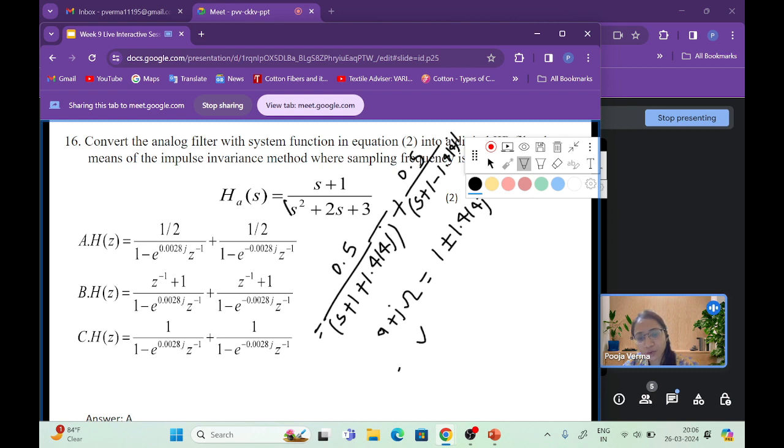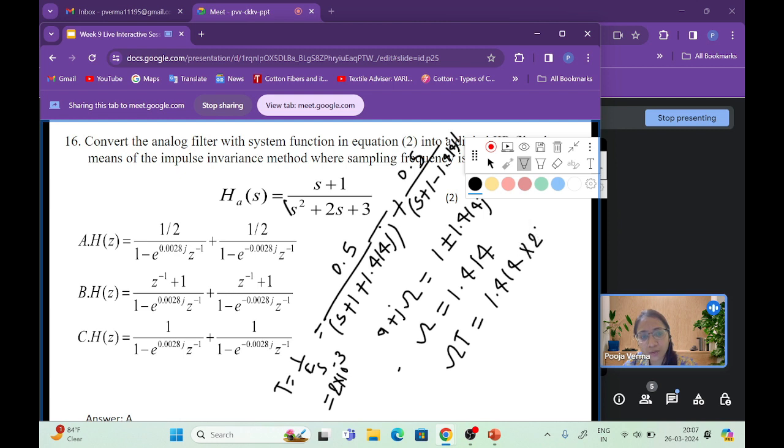So from here omega you will get 1.414, right? And T is also 1 upon the sampling frequency, so we will get 2 multiplied by 10 to the power minus 3. Now, in order to find omega t, we multiply 1.414 by 2 times 10 to the power minus 3.